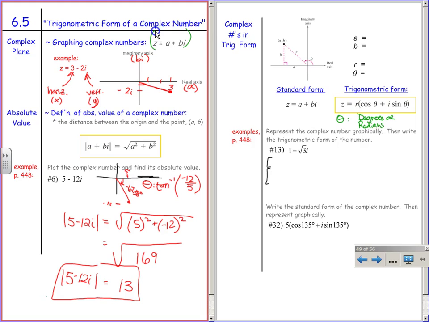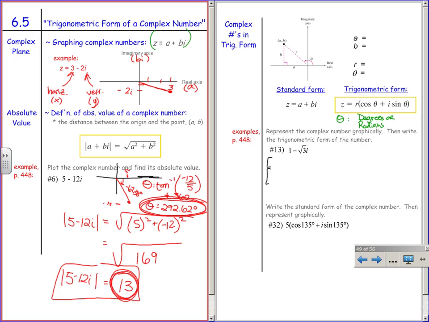You use tangent inverse, but no negatives, positives. So we're going to add 360. 292.62. So if they were to ask, we have our direction and we have our magnitude. The formulas didn't change, just what they were used for changed.